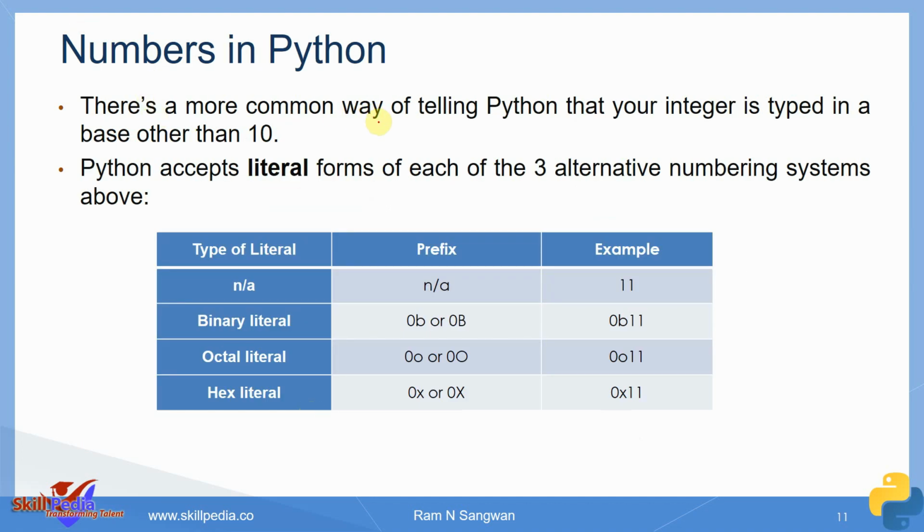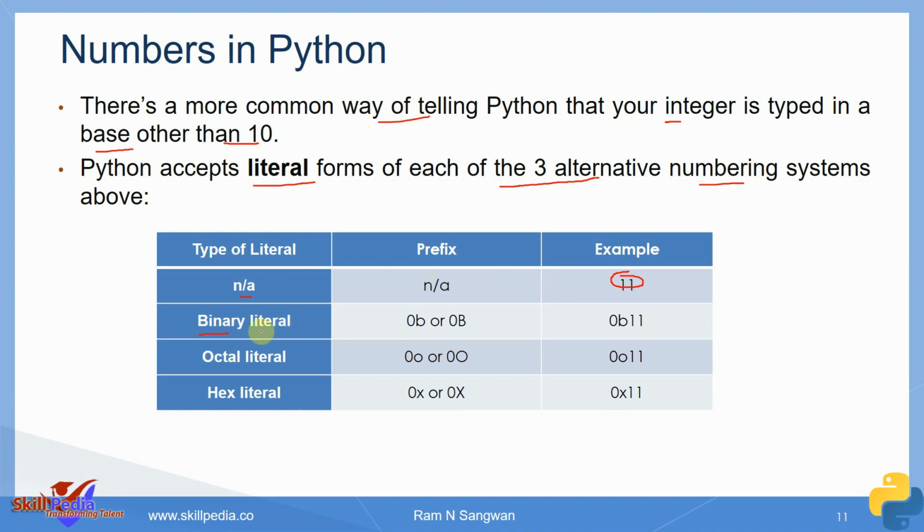There is a more common way of telling Python that your integer is typed in a base other than 10. Python accepts literal forms of each of the 3 alternative numbering systems. We don't need anything for a normal integer.